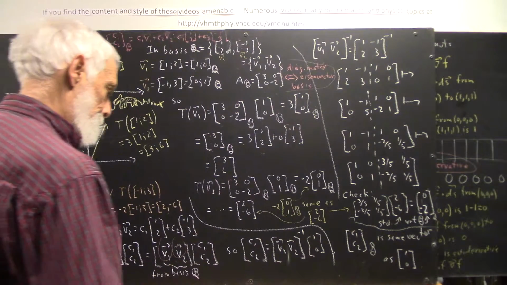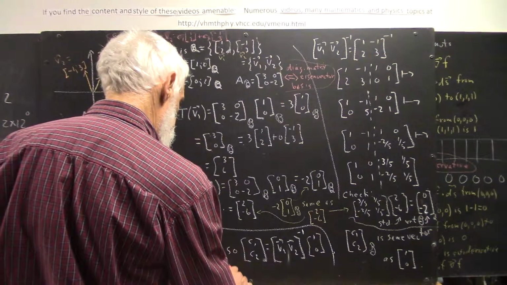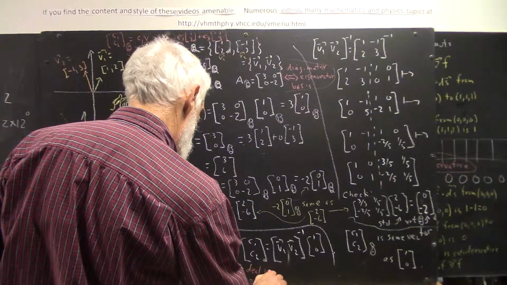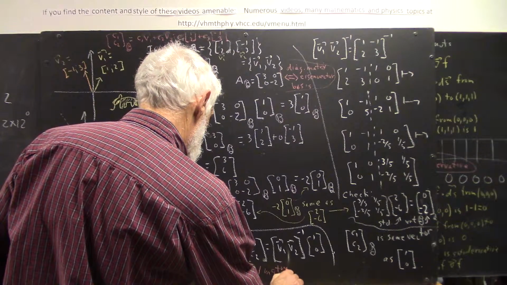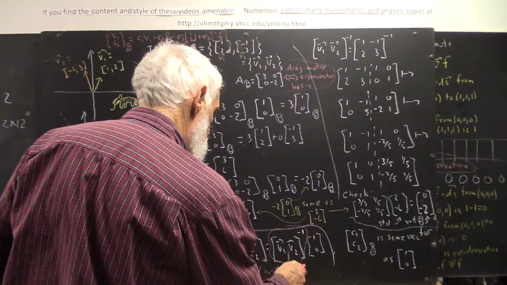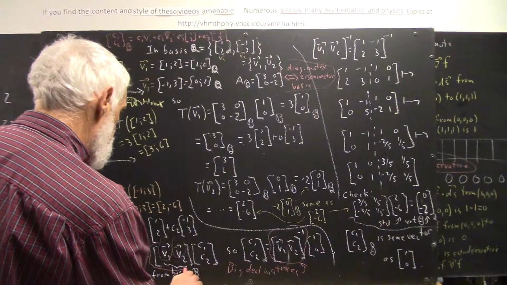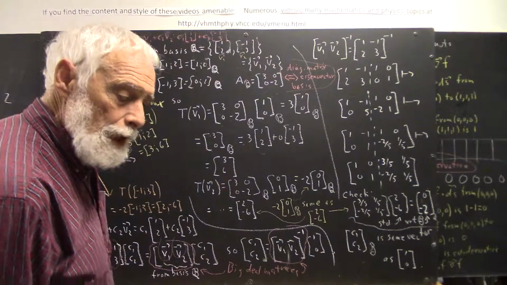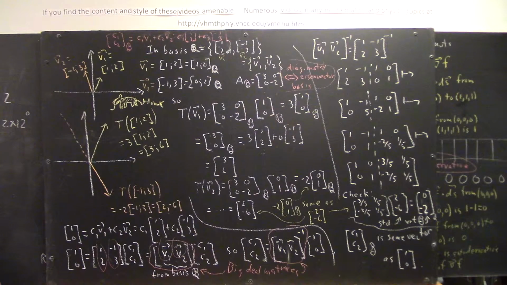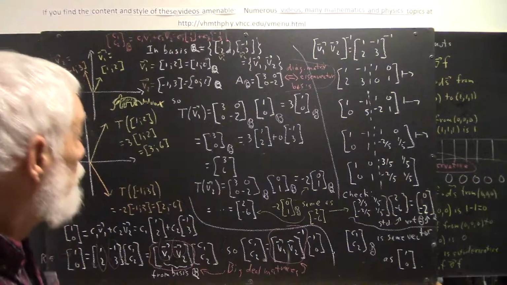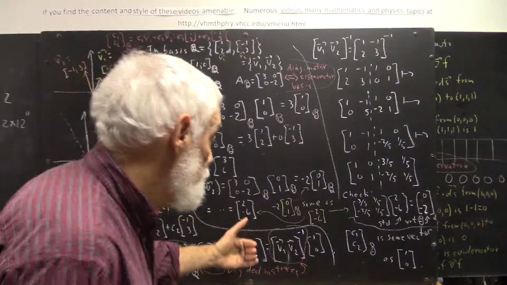Big deal matrices. I'll include this inverse and this column of basis vectors matrix, because these two matrices are what connect the representation according to this basis and the standard representation.